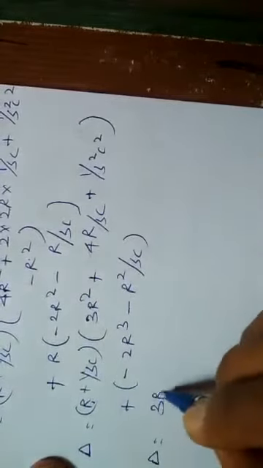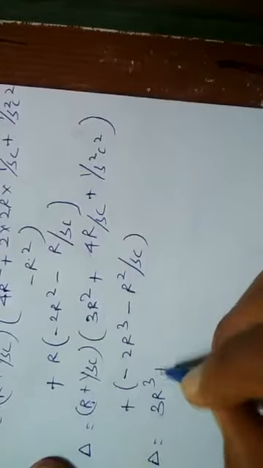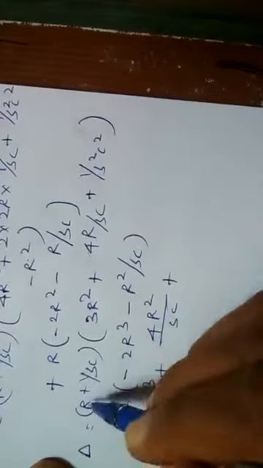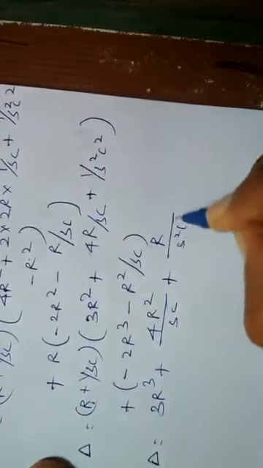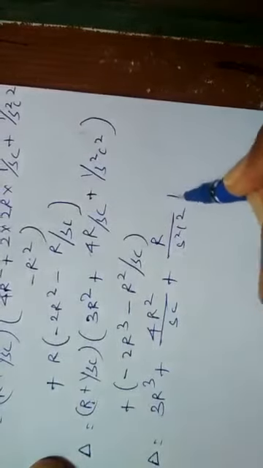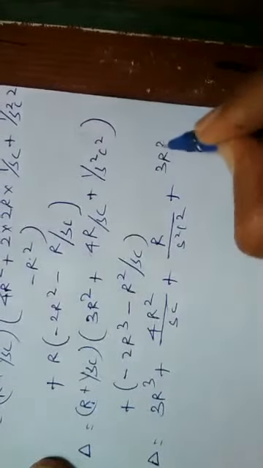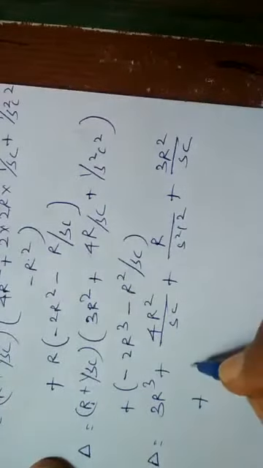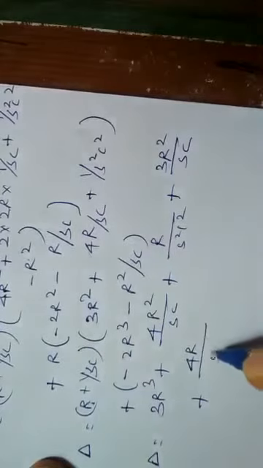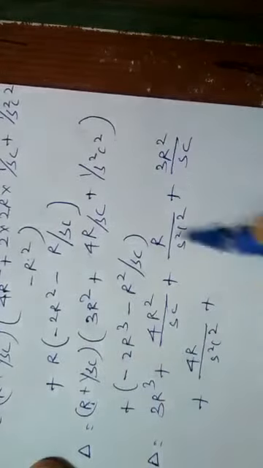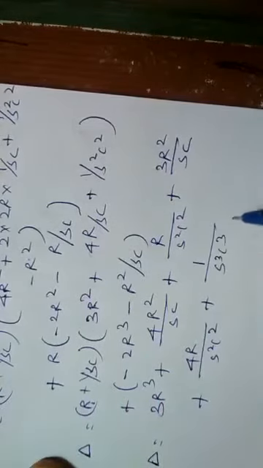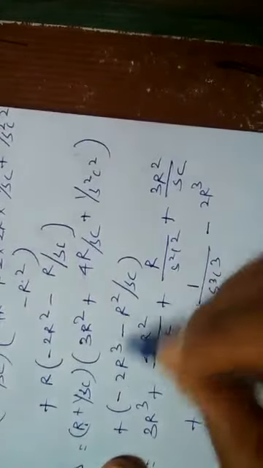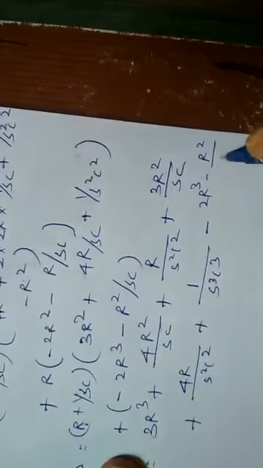So r into 3r squared is 3r cube, plus r into 4r by sc is 4r squared by sc, plus r by s squared c squared, since r into 1 by s squared c squared, again plus 1 by sc into 3r squared is 3r squared by sc, plus 1 by sc into 4r by sc is 4r by s squared c squared, plus 1 by sc into 1 by s squared c squared is 1 by s cube c cube, here minus 2r cube minus r squared by sc.